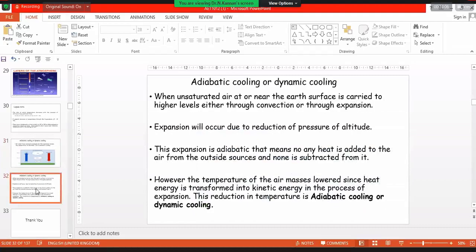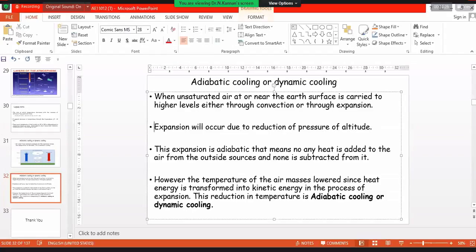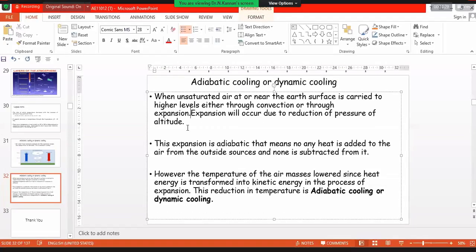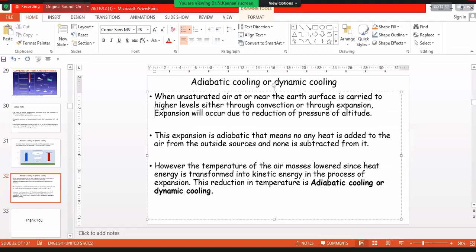Right, we'll see this. There are some points for your reference. When unsaturated air at or near the Earth's surface is carried to higher levels, either through convection or through expansion, expansion will occur due to the reduction of pressure with altitude.